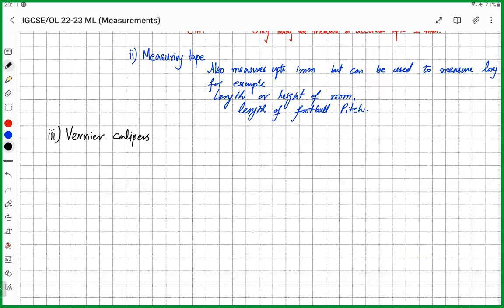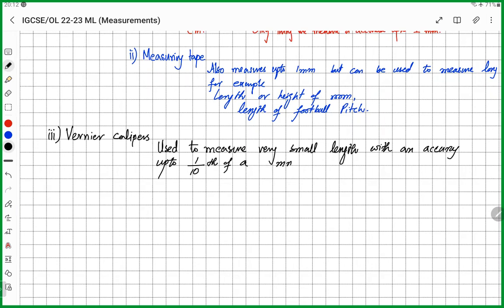They are a tool of measurement used to measure very small lengths with an accuracy up to 1/10 of a millimeter. Okay. Up to 0.1 millimeter.